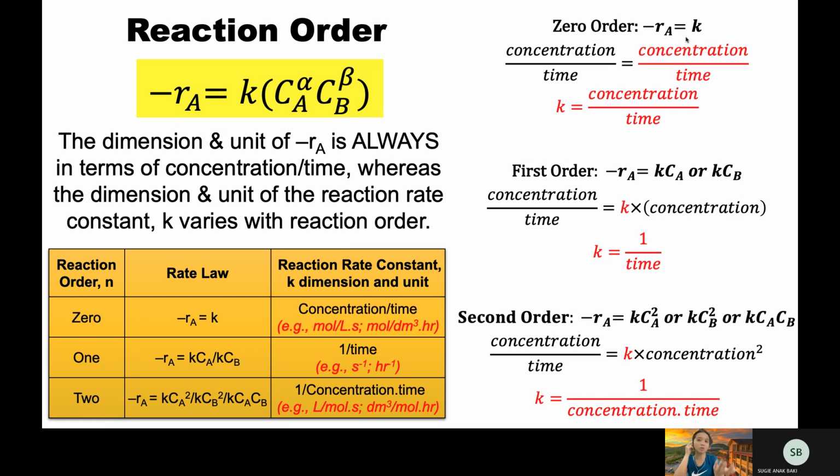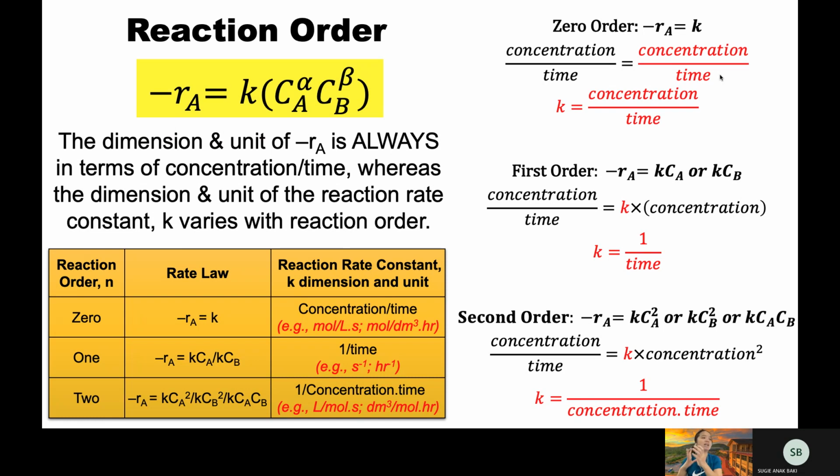Okay, so since I told you, dimension for minus RA is concentration per time. Hence, of course lah, dimension for K pun sama. So the K dimension will be concentration per time. So for example, unit dia mole per liter second, kilomole per dm cube hour, or American Engineering Unit, pound mole per feet cube second.